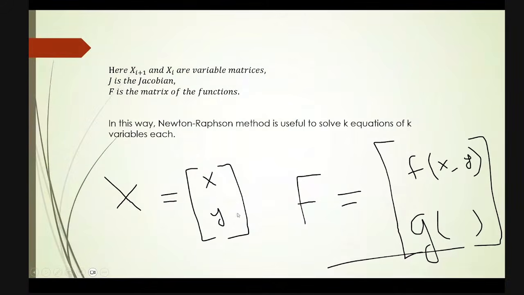And depending on the number of variables, we also have to provide the same number of initial guesses. Therefore, the Newton-Raphson method can be used to solve multiple variable systems as well. But the condition that we have to keep in mind is that the number of variables must be equal to the number of equations present. Suppose we are solving for some n number of variables, then we must have n number of equations involving these variables.